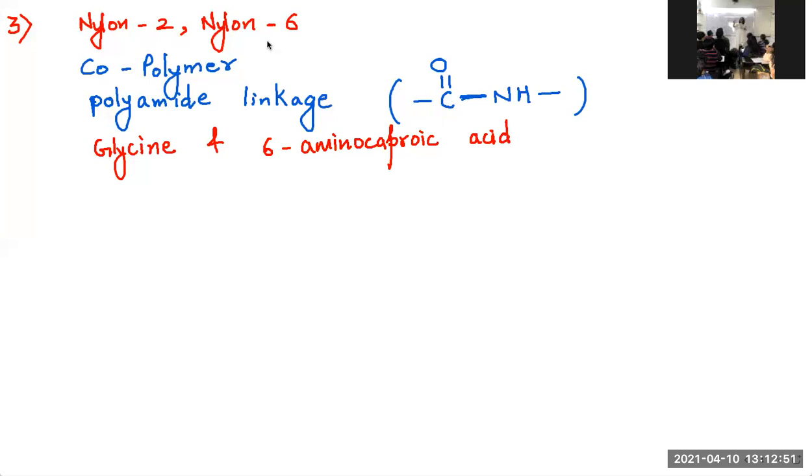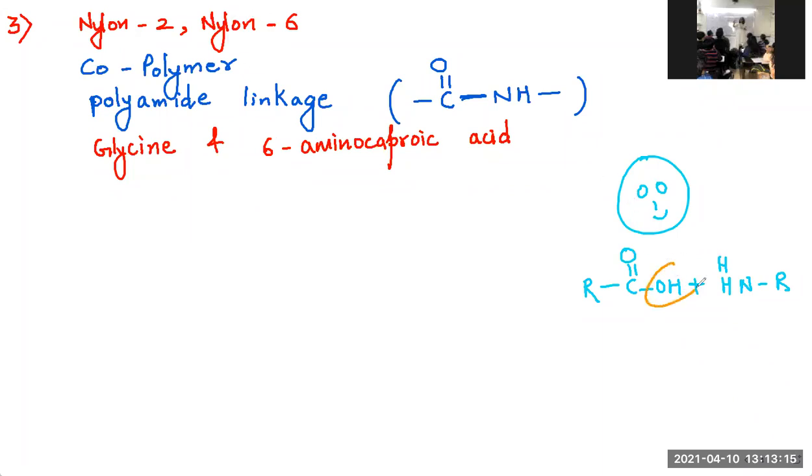Now understand the basic of it. That is how an amide linkage is formed. The COOH of acid and the H of amino group combine like this, and what is resulting is the amide linkage, which is this.